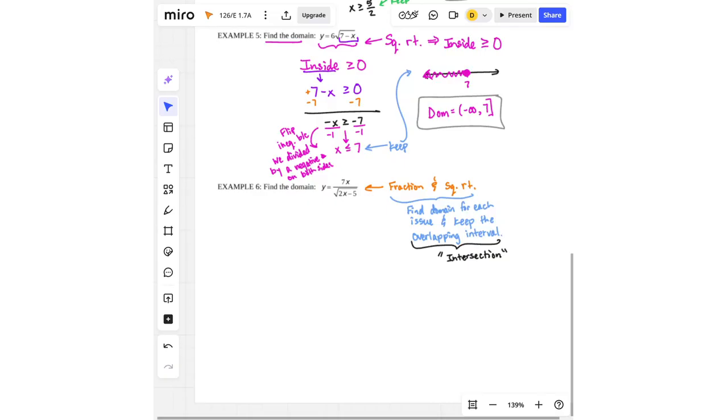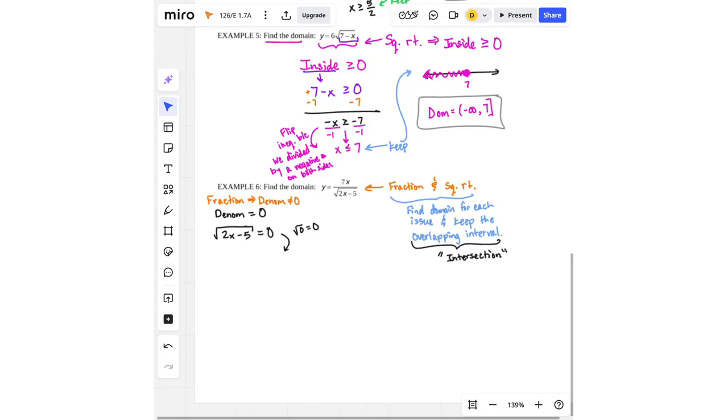All right, so for the fraction, that tells us that the denominator cannot equal 0. To find that, we're going to take our denominator and set it equal to 0. So our denominator was the square root of 2x minus 5 equals 0. Well, the square root of 0 is what equals 0.